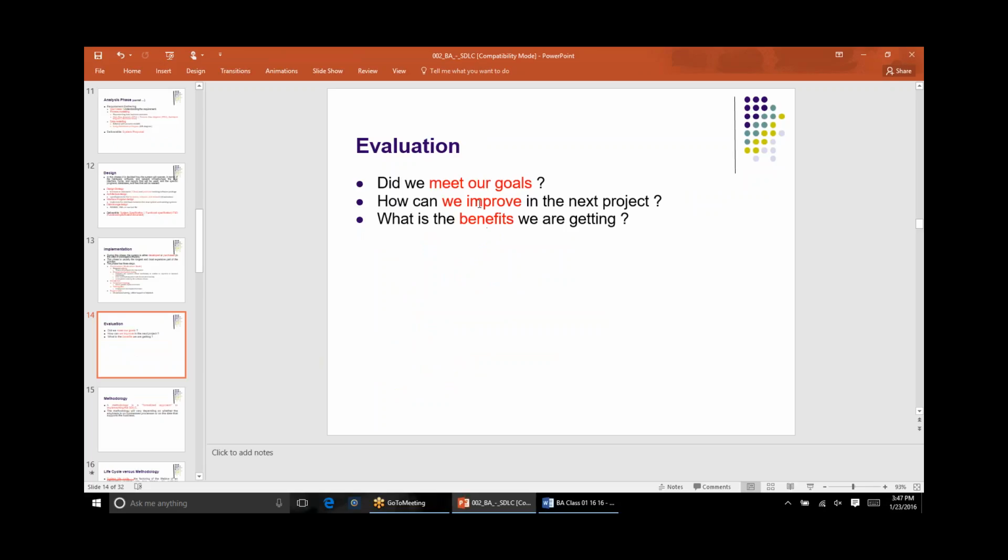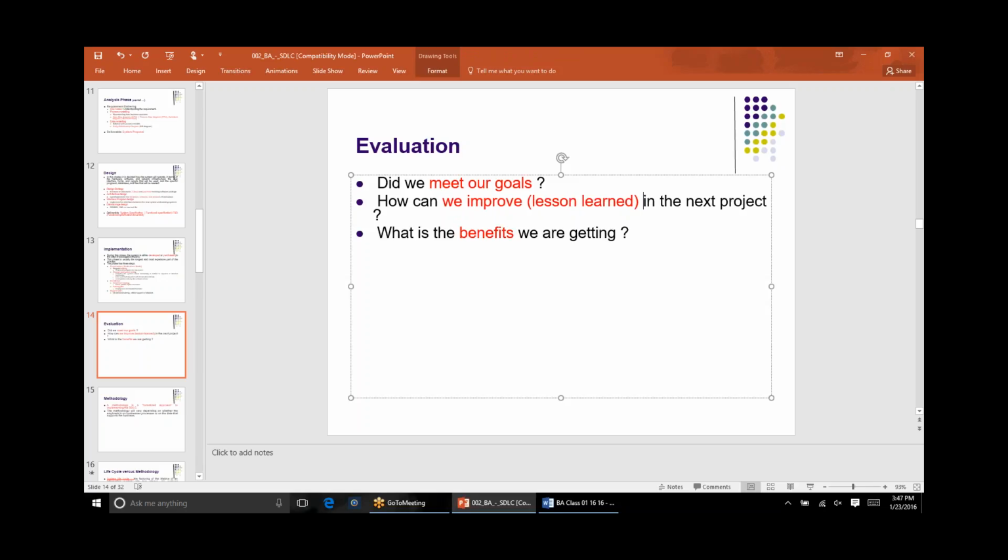How can we improve in the next project? What is our lesson learned? This basically means our lesson learned. What went right? What went wrong? How can we incorporate it, what can we change?